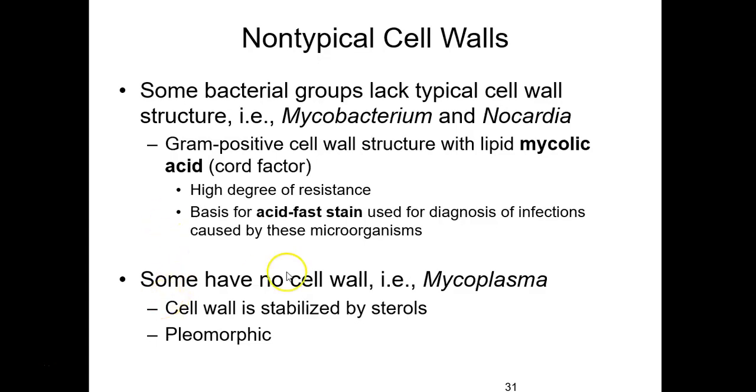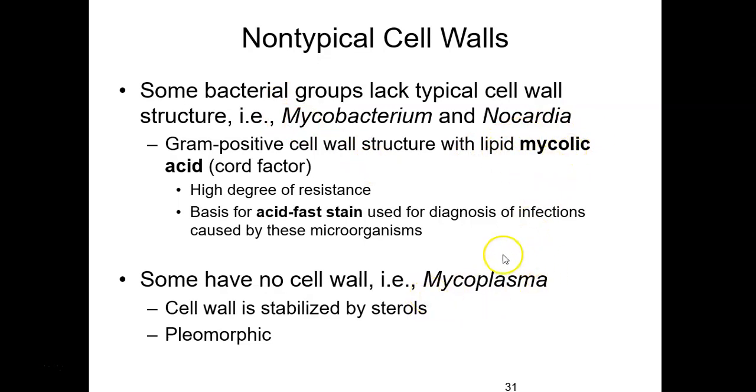And we have cells that lack a cell wall altogether. This particular group is what we call the mycoplasma. So be careful, it's very similar. Mycobacterium have a cell wall structure with an increased amount of lipid called mycolic acid.